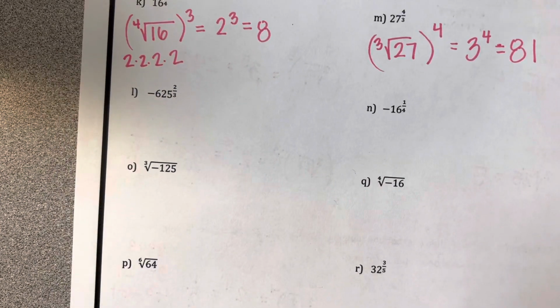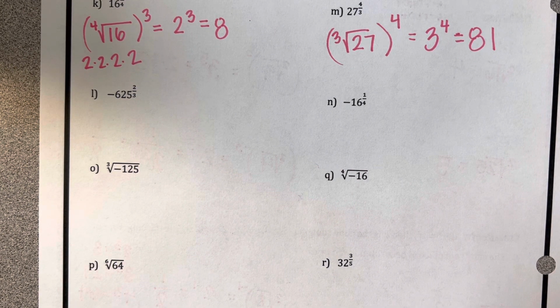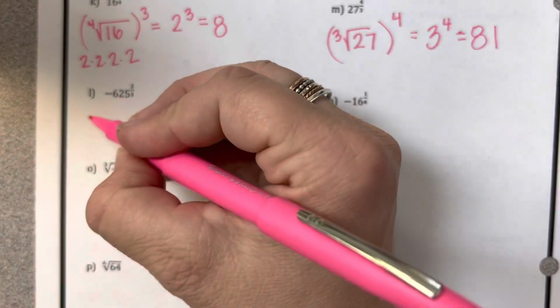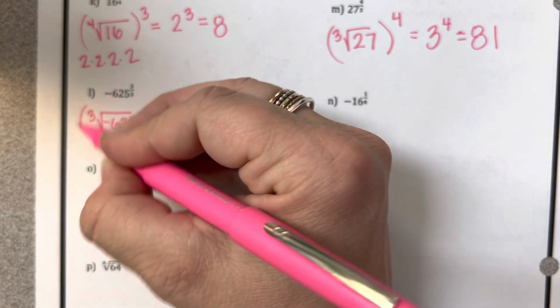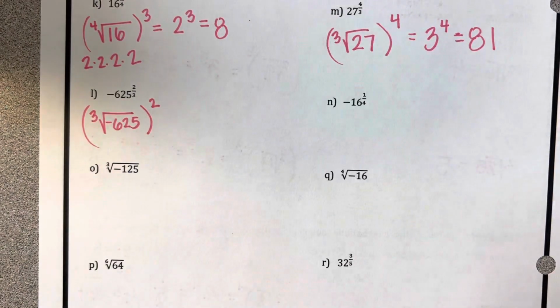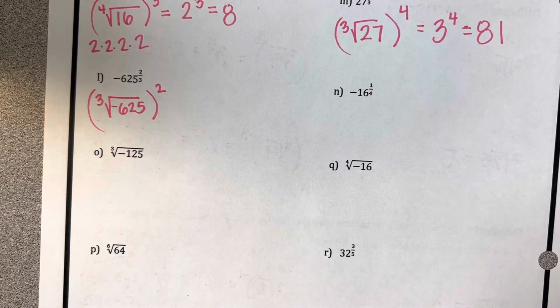Okay, let's look at letter L. On letter L, we have negative 625 to the 2/3 power. So we want to take the cubic root of negative 625, and then we want to square it. Okay, so what can you do? What can you multiply times itself 3 times to give you negative 625?